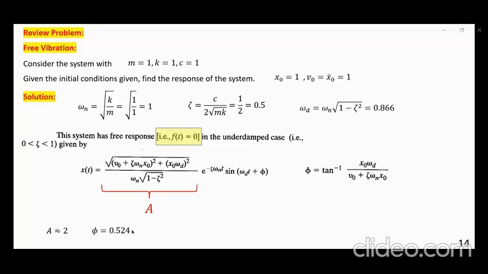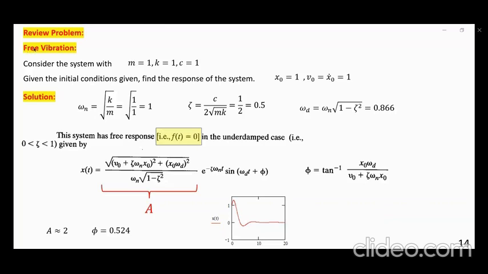Now remember, if this thing ever comes out to be negative, you have to add pi to it. Okay? And if you plot it, you see that it looks like that. It's a damped free vibration, gets smaller and smaller and smaller. Initially, because of the initial conditions that you have, there's an overshoot here, and then it settles down and goes to 0, essentially.